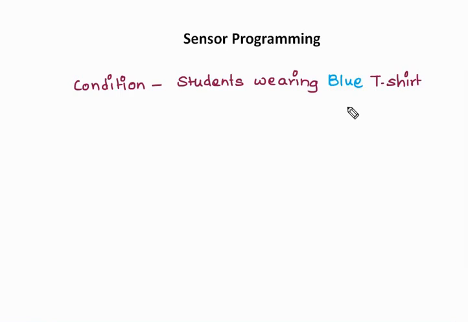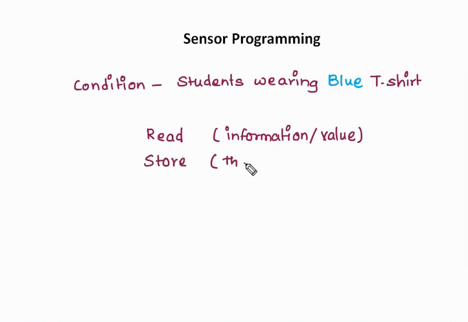So if I want to structure what we are doing in our robot, the first thing we do is we read the value or information which is available at the sensor. Then we store that information somewhere in our microcontroller.